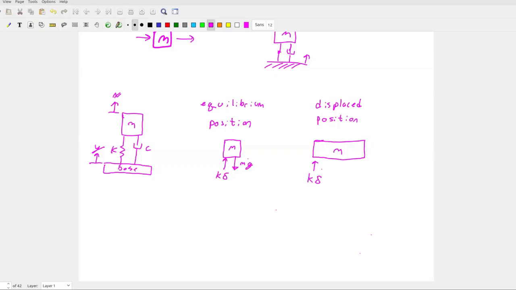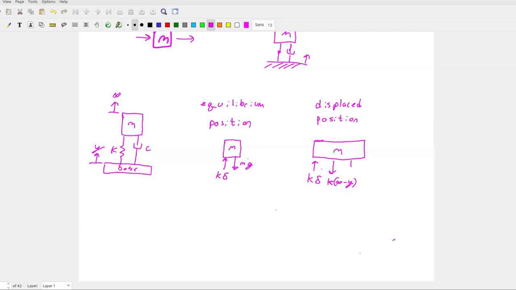But if I'm pulling it up, I'm going to have a force acting down, which is k of x minus y. Why do I have the y there? Because I'm stretching the spring, but if my base were to come up just a little bit, then the total displacement of the spring would be a bit less, right? So it's whatever x moves minus whatever y moves.